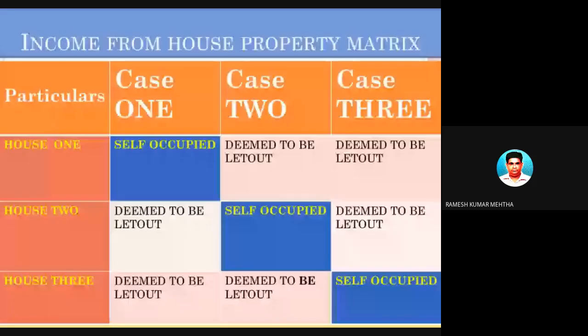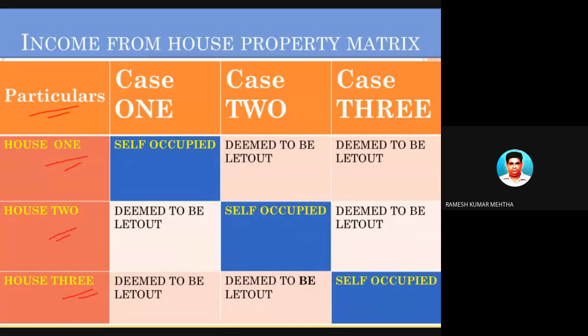Step three is you have to build a matrix like this. The columns and the situation should be written exactly. So this is house number 1, house number 2 and house number 3.